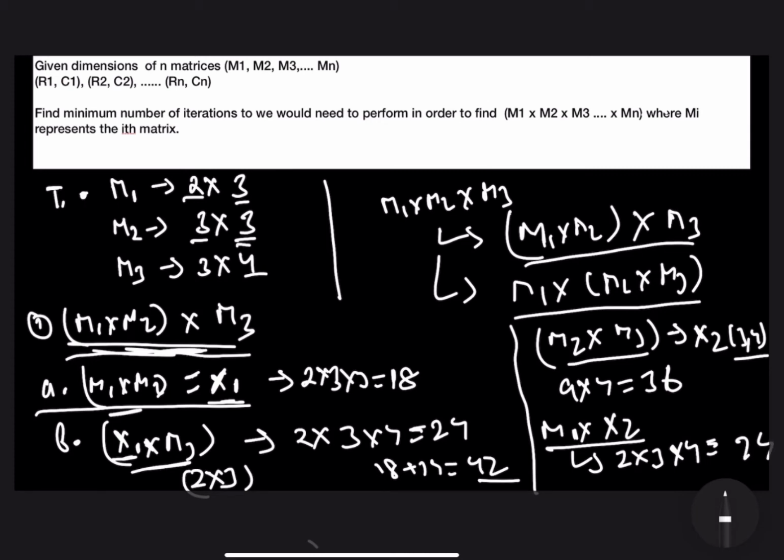So the total number of iterations in this case is 36 plus 24 equals 60 in total. One can say that the first expression is more optimal than the second expression. That is, if we follow the first expression, we can compute the product in 42 iterations in total. So for this test case, the answer will be equal to 42.